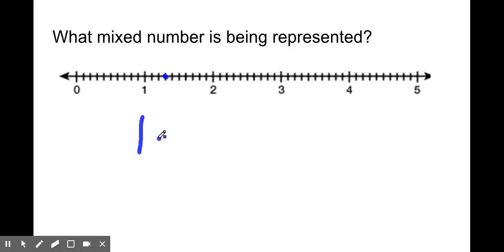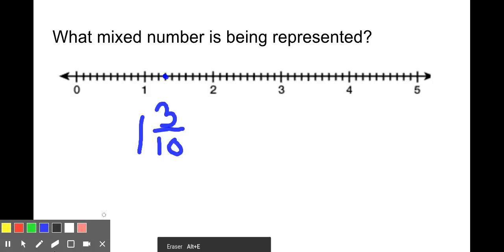Okay, so I know my denominator is going to be a 10. And how many of those spaces are being represented? 1, 2, 3. So I know my numerator is a 3. So on this number line, this blue dot is representing 1 whole and 3/10.